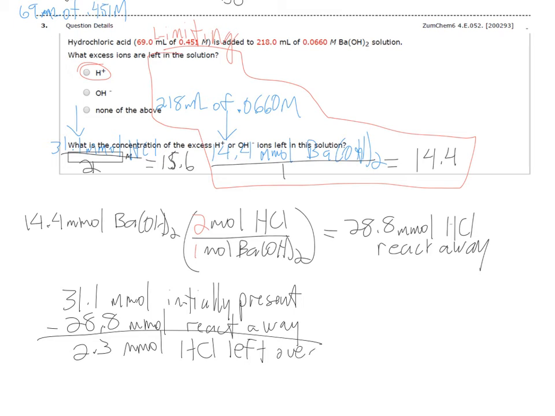In this case, it works out to be 2.3. So 2.3 millimoles of hydrochloric acid are left over after all of the barium hydroxide has gone away.